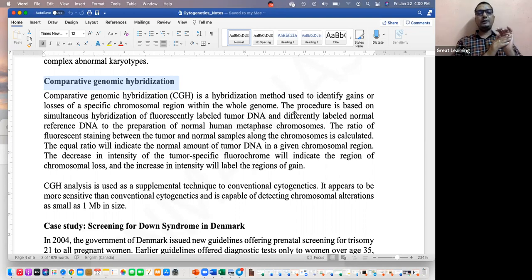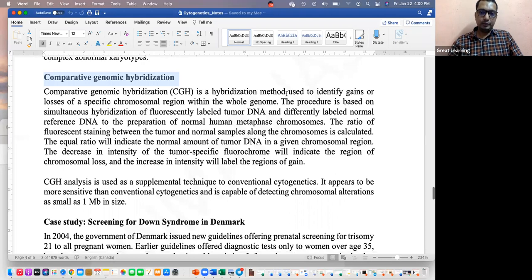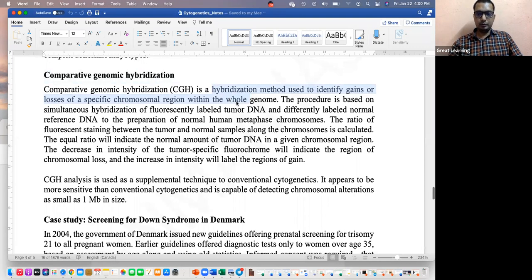So how do you interpret this? When you have chromosomes carrying normal and abnormal versions, and probes, some bind to the abnormal version, some bind to the normal version. What happens here? The hybridization method is used to identify gains or losses of specific chromosomal regions.